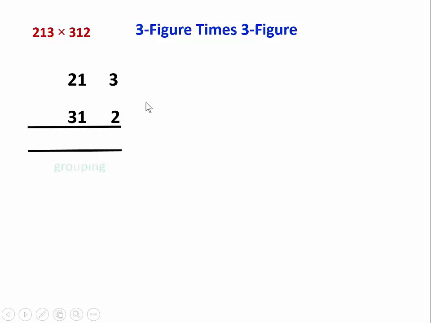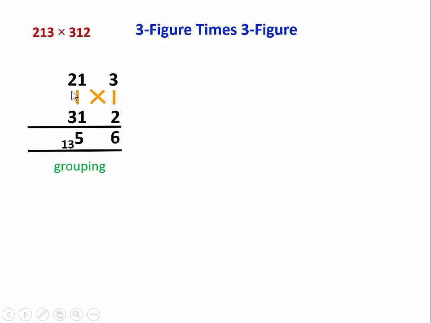So 3 times 2 is going to be 6. And crosswise we get 42 this way, 93 this way. That's 135. Put down 5 and carry 13. Then vertically on the left, 21 times 31.